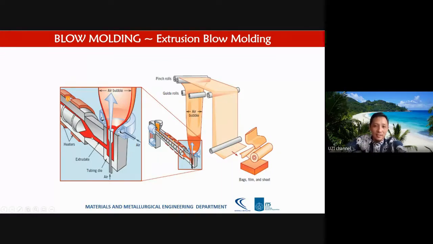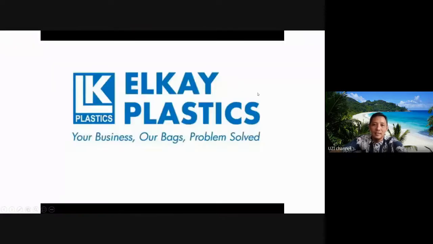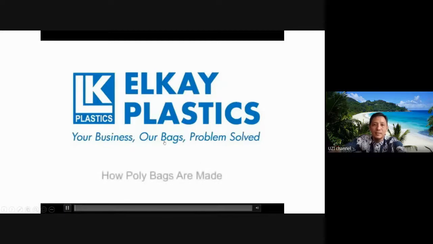So the polymer enters the mold and is blown with air, and then the air is released, and we get the plastic sheet or plastic bag like this. This is the process of the injection of the polymer to make a plastic sheet.